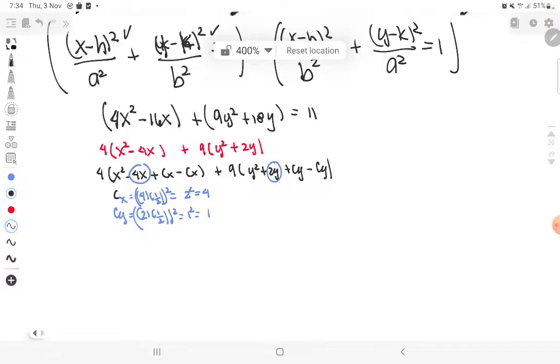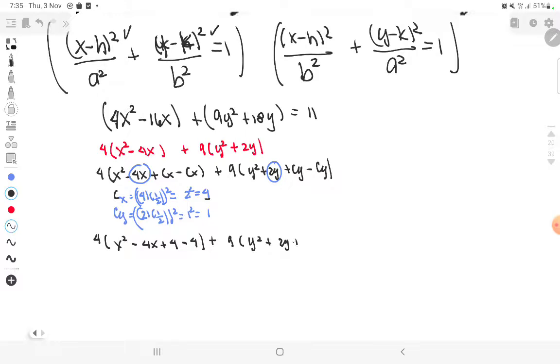So I will have 4 multiplied by x squared minus 4x plus 4, minus 4, which is equal to 0, plus 9 multiplied by y squared plus 2y plus 1 minus 1, which is also equal to 0. Take note that they are equal to 11.